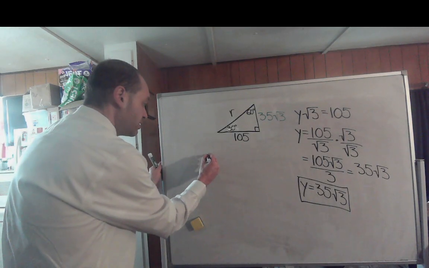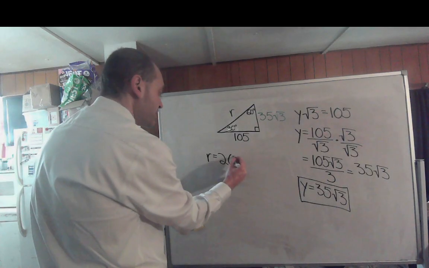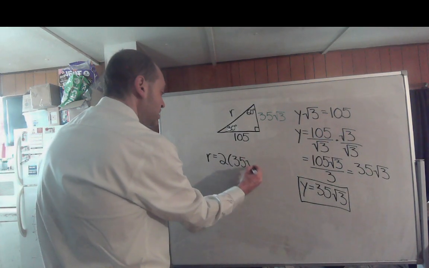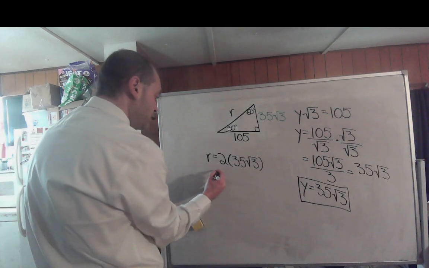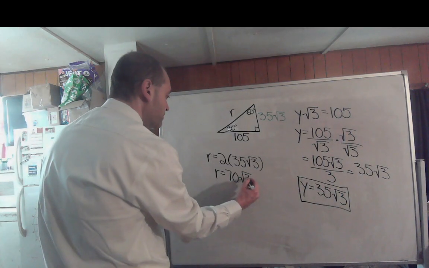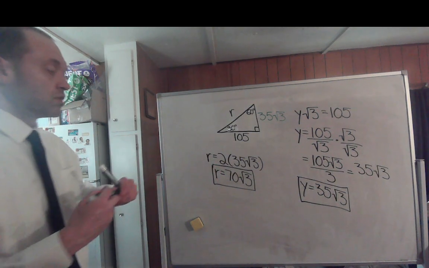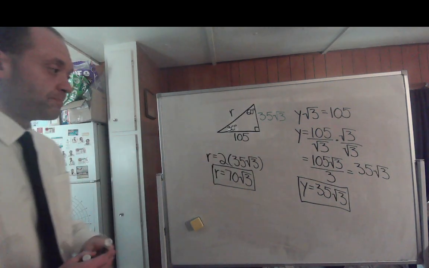So that means that r equals 2 times that 35 times the square root of 3, which means that r would simply be 70 times the square root of 3. So those would be your lengths for y and r.